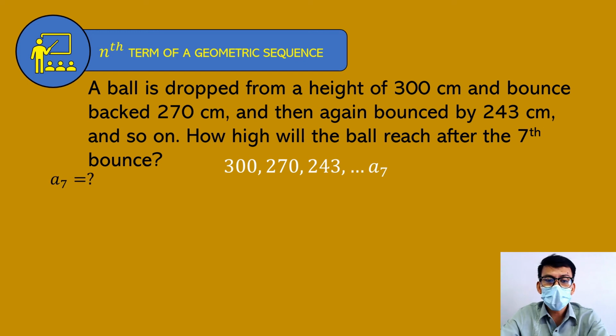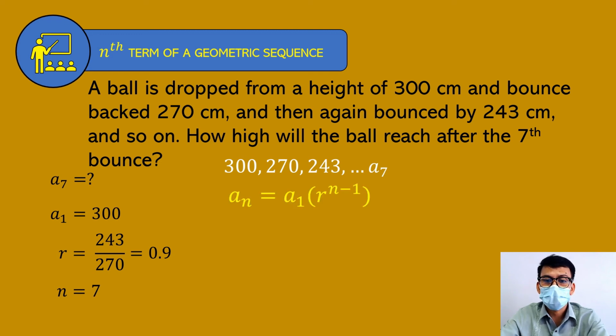So your a sub 7 is unknown. Your first term is 300. Your r is 0.9. So 243 divided by 270, that's 0.9. And your n is equal to 7. Okay, let's use the formula. a sub n is equal to a sub 1 times r to the power n minus 1.